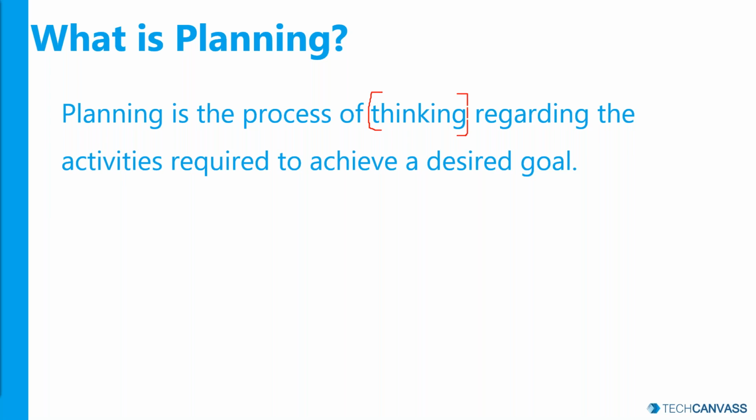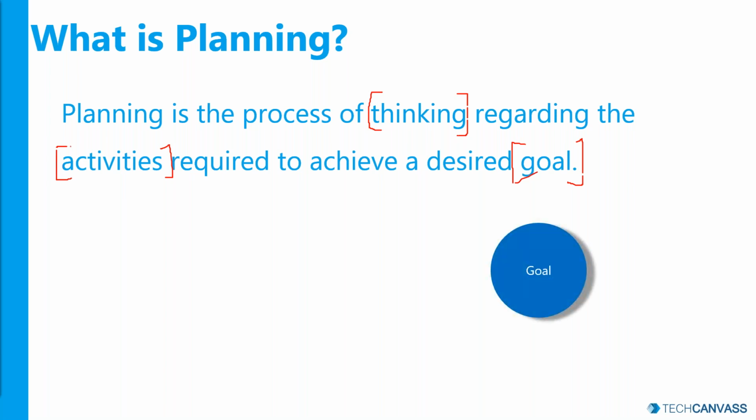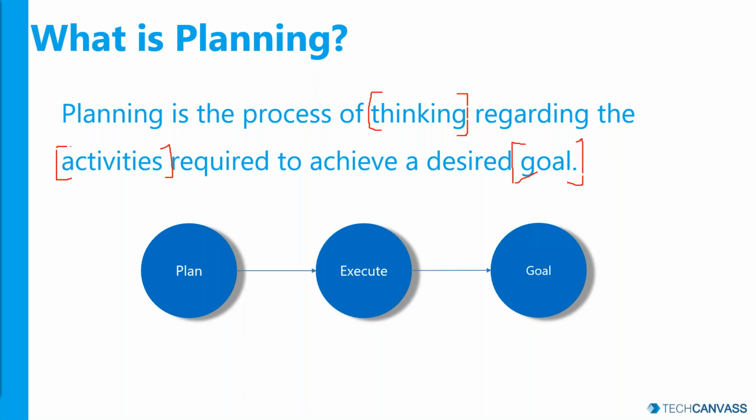We are thinking about what is the sequence of activities that needs to be done to achieve a desired goal. And what is the goal that we are talking about? We are talking about the project goal or project objective. If we have a project goal, we would plan for the set of activities that needs to be executed to achieve the goal, if I have to put it simply.